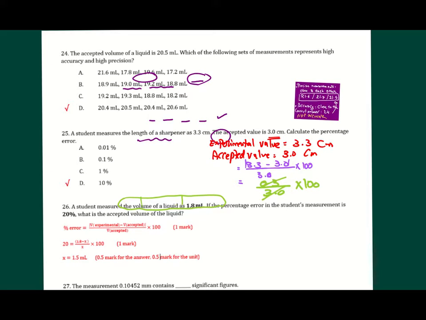Here they will get cancelled. It will equal 0.1 into 100. 0.1 into 100 equals 10%. So our answer is 10%.